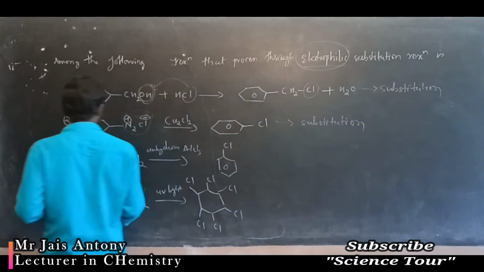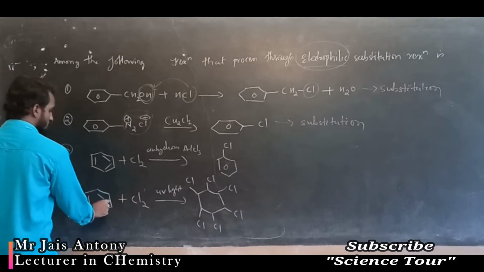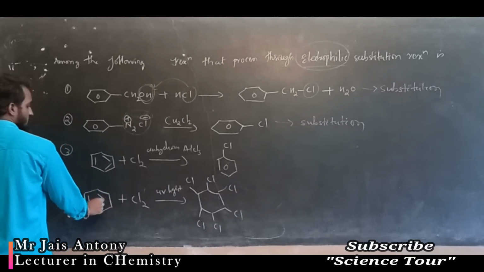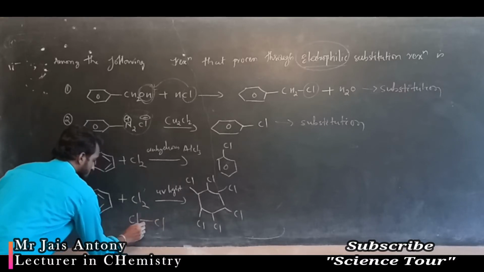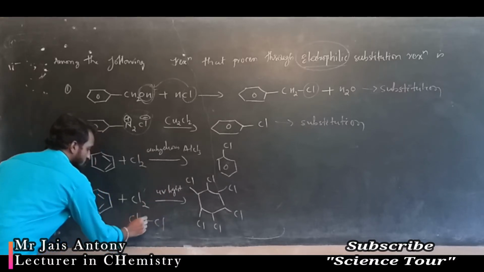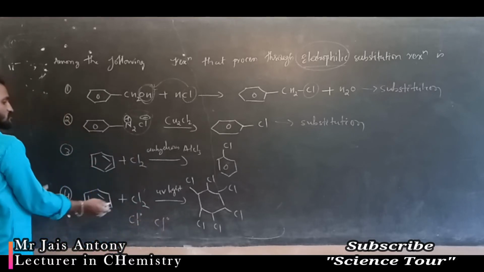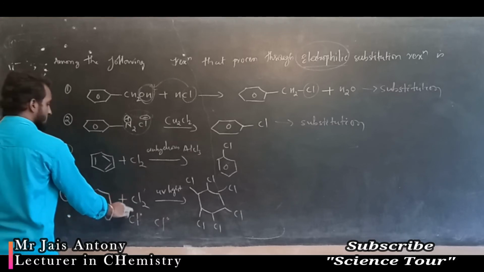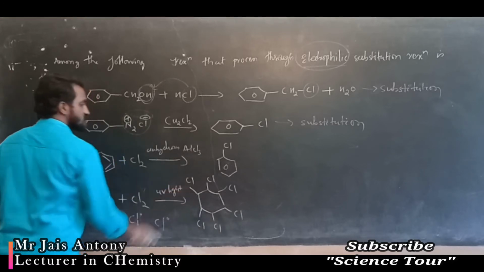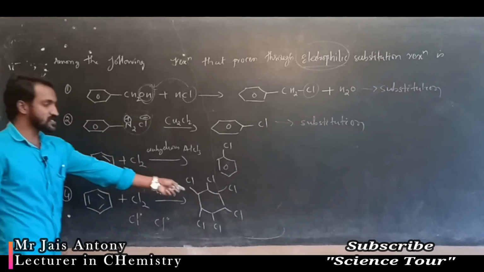Now the question arises here. Chlorine reacts with benzene. Which type of reaction takes place? In the presence of UV light, by a free radical mechanism, 3 molecules of chlorine dissociate and give a cyclo compound, hexachlorocyclohexane. Understood?